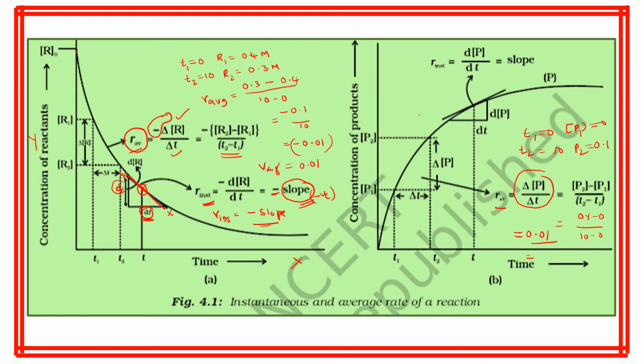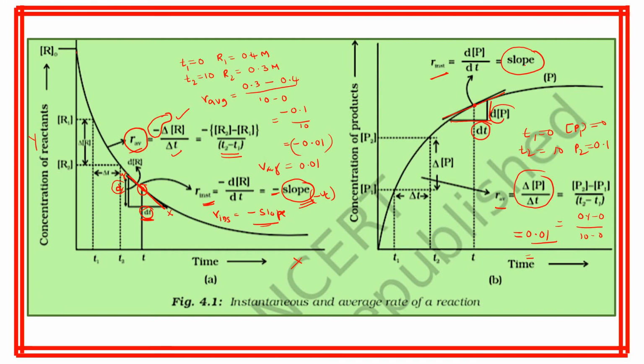Similarly, for the instantaneous rate for products, again, if we calculate the slope, we are going to get the instantaneous rate. So at this particular time I want to calculate the instantaneous rate. Now again, draw a tangent line like this, take a triangle like this. Now calculate the dp, calculate the dt here.